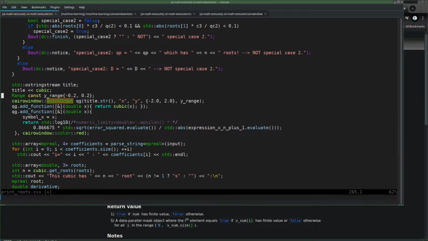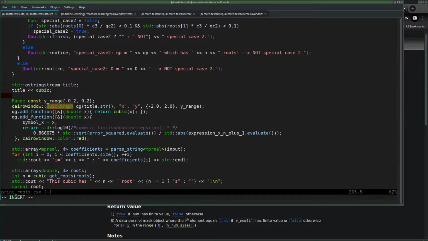Y max error. I don't know where to put it. Double Y max error. Choose 2.5.